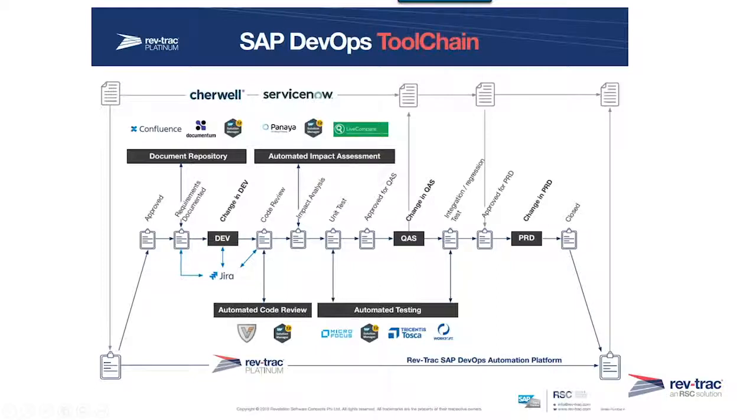The smaller blue arrows in between all these other applications connect RevTrack and third-party solutions for other activities that you may be doing now or may want to incorporate into your process later on, things like business process documentation, code review, impact assessment, and different types of testing. They're just showing the integrations that we have with these other third-party solutions in the SAP ecosystem.